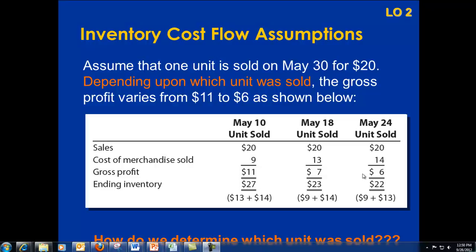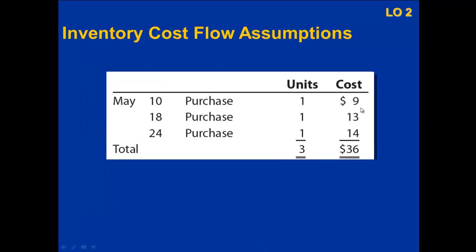In that case, we have a gross profit of only $6, and the remaining two items are going to appear in ending inventory. So under all three of these assumptions, we're still dealing with $36 of inventory that was purchased, right? We had a $9, a $13, and a $14.